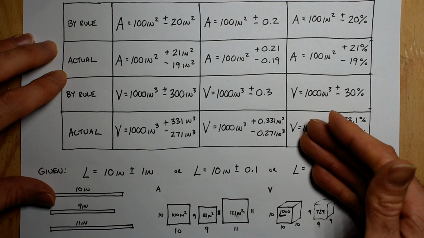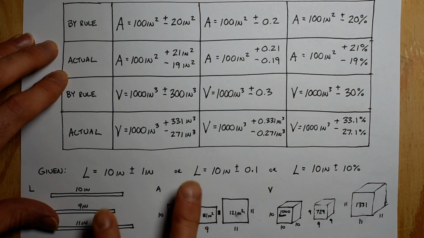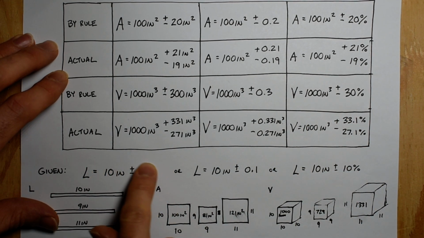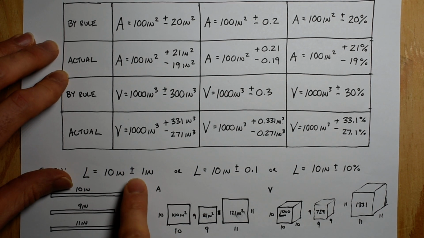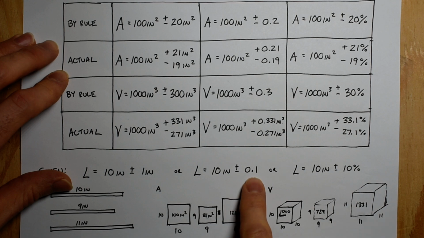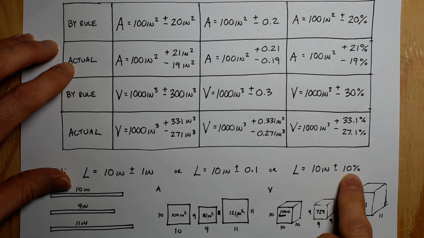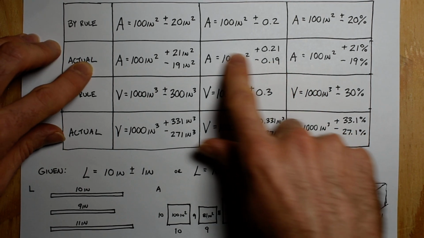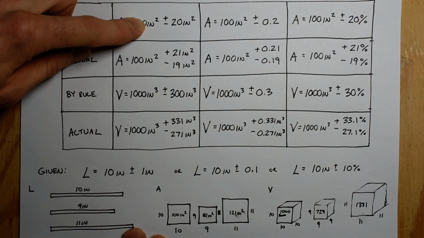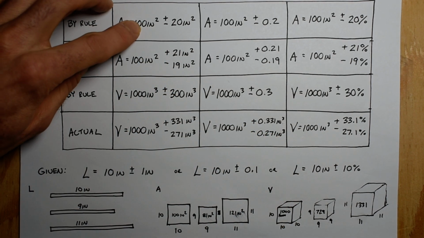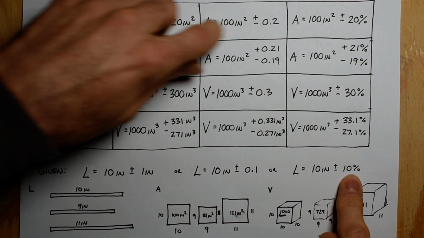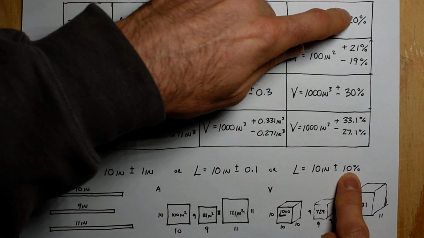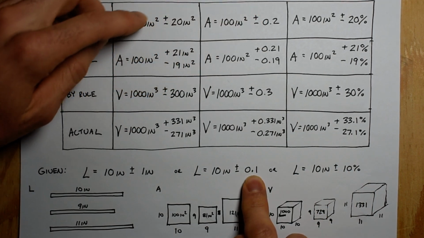But by rule, when you multiply a length with uncertainty, what you have to do is get it into a fraction or a percentage. So now the area, by rule, you take this area and you add the percent uncertainty. So 10% becomes 20%, 0.1 becomes 0.2.